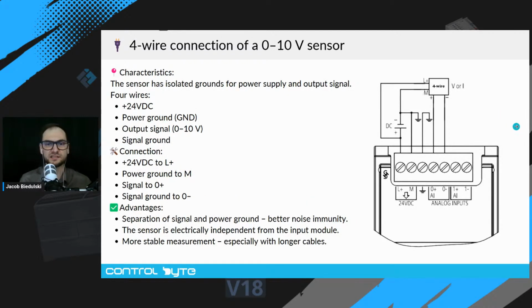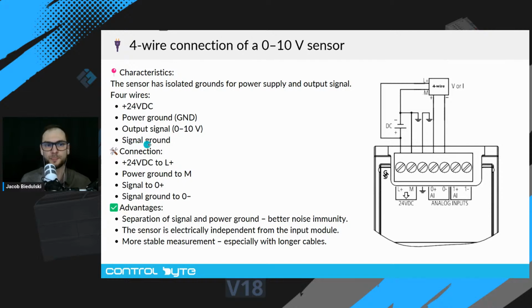Now let's discuss 4-wire connection of a 0 to 10 volts sensor. So here is the schematic for this configuration. The sensor has isolated grounds for power supply and output signal. There are 4 wires: 24 volts DC, ground for power section, output signal 0 to 10 volts, and signal ground.